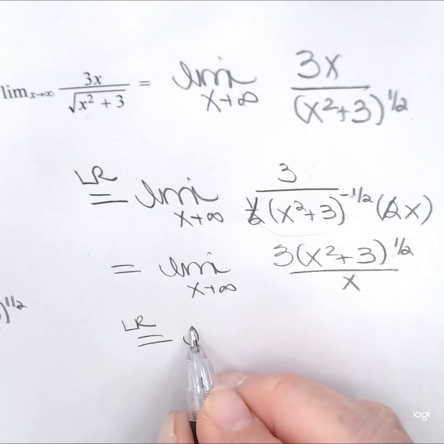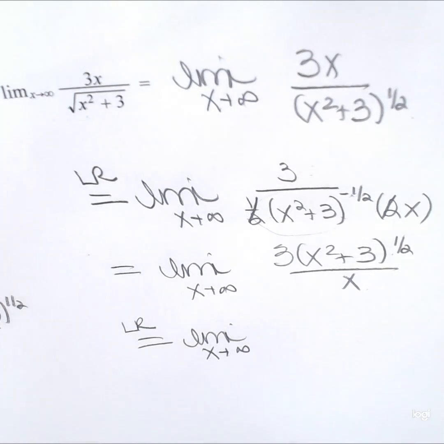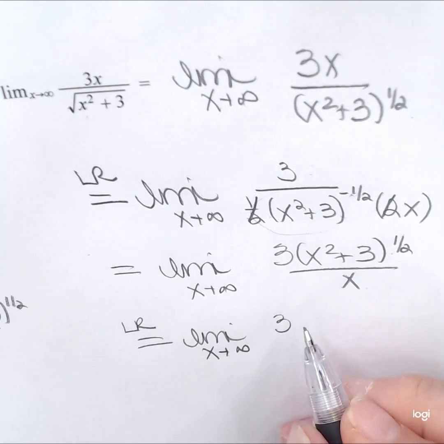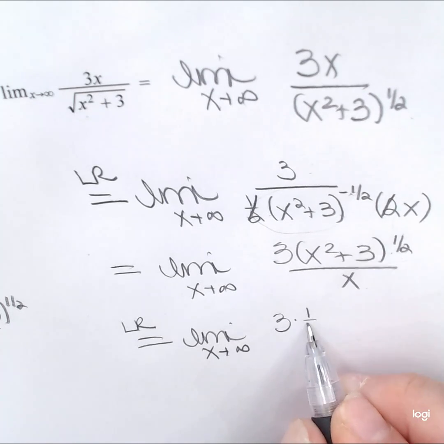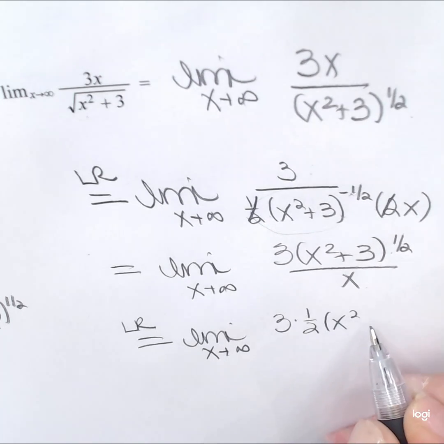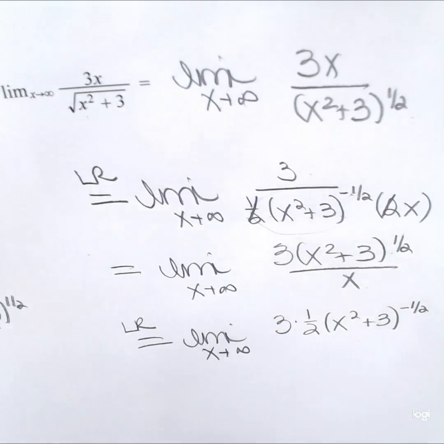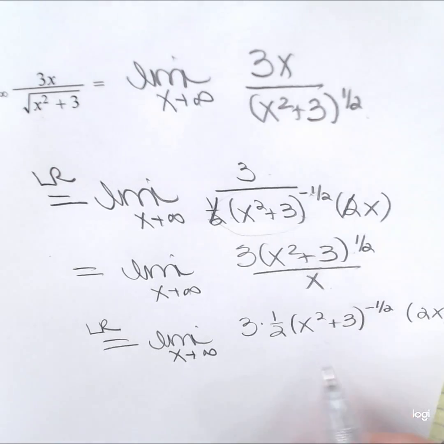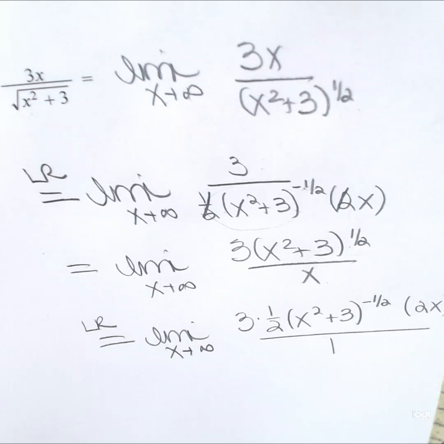And when I do, I'm going to get the limit as x approaches infinity of the following. Starting by taking the derivative of the top, the 3 just carries down, and then we take the derivative of this piece using our chain rule. That's going to be 1/2 times x squared plus 3 raised to the negative 1/2 times the derivative of what's inside, which is again 2x. And we're going to divide that by the derivative of the bottom, which is 1.